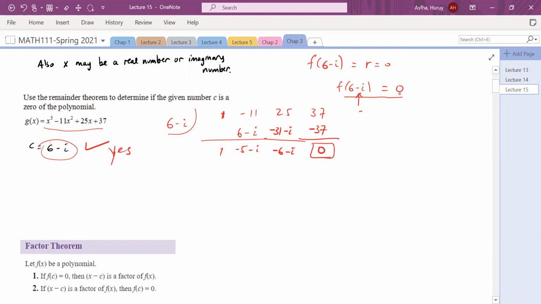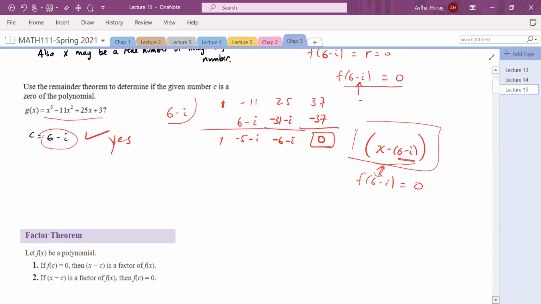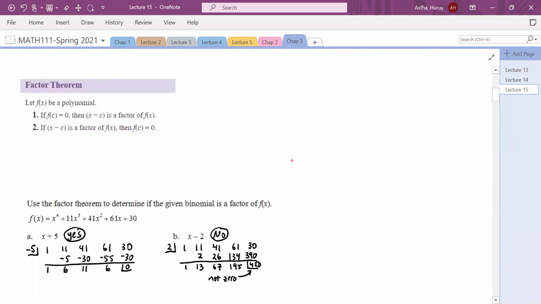Therefore, since f of c is 0, then the factor x minus (6 minus i) is a factor of the polynomial. And if we know this is a factor, then f of 6 minus i is 0. It goes both ways, both directions. So this is what the factor theorem is saying.